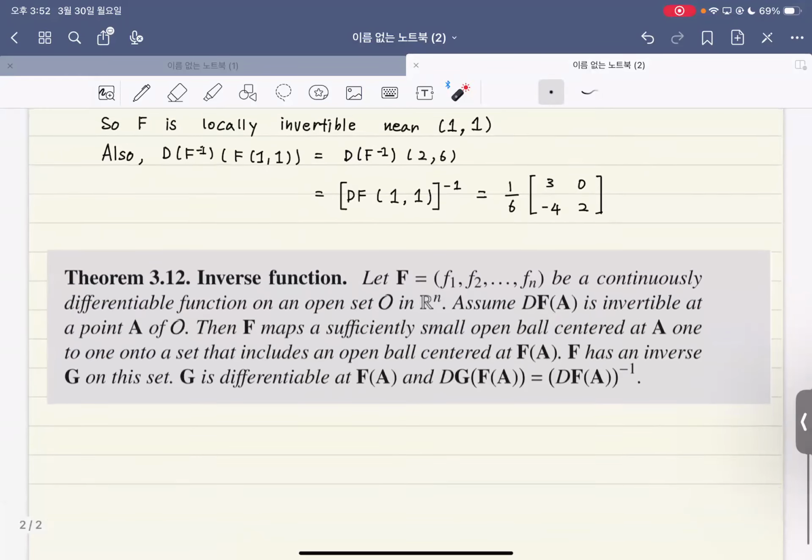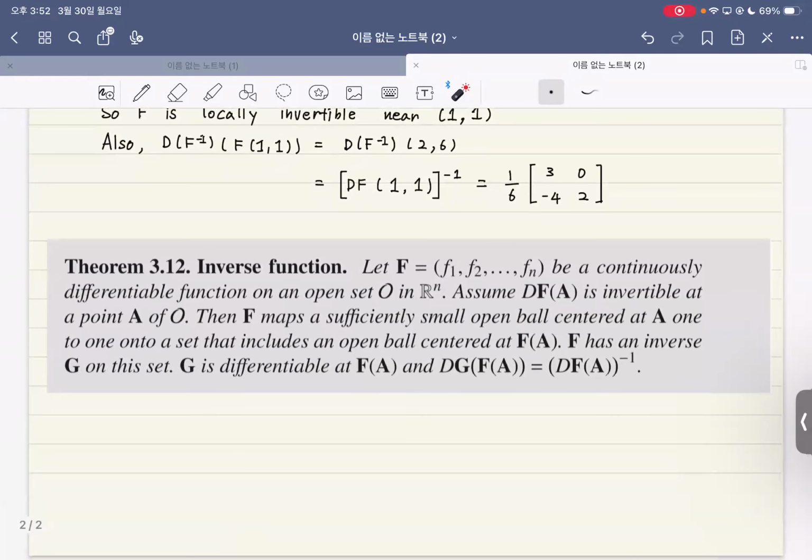So this is the generalized version of the inverse function theorem. Well, I have an f, and this f has n component functions from small f1 to small fn. So it looks like the codomain of this guy should be in Rn, right?